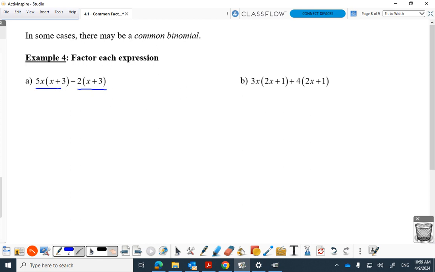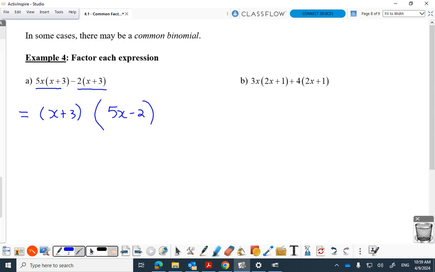Look, the brackets is common to both. So weirdly, we can use what we've been doing to say, well, that means there was an x plus 3 out front of this. X plus 3 got multiplied by each of these things. And before you freak out, in the brackets, I'll divide x plus 3 by each of those. That means I'll just take it out of each of those, and I end up with 5x minus 2.